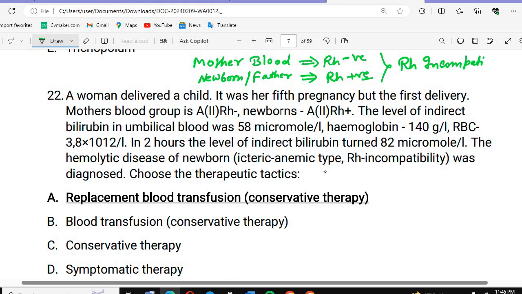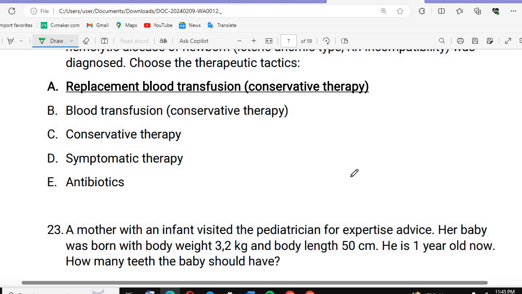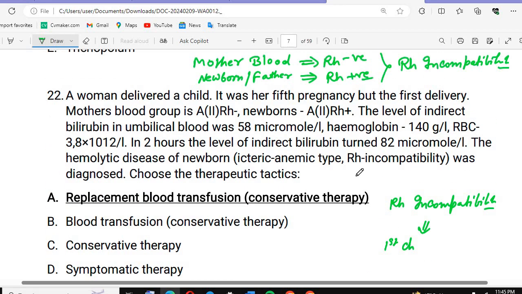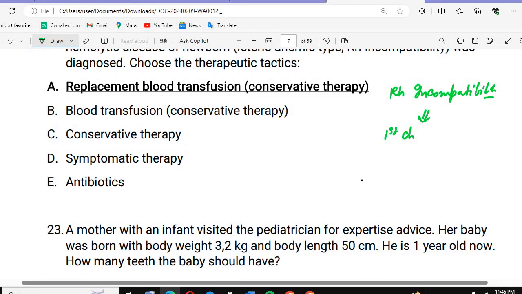And what is the treatment for that? Remember these things. If any Rh incompatibility is there, the first child will not be affected. If the mother is Rh negative and the newborn or father is Rh positive, the first child is never affected.